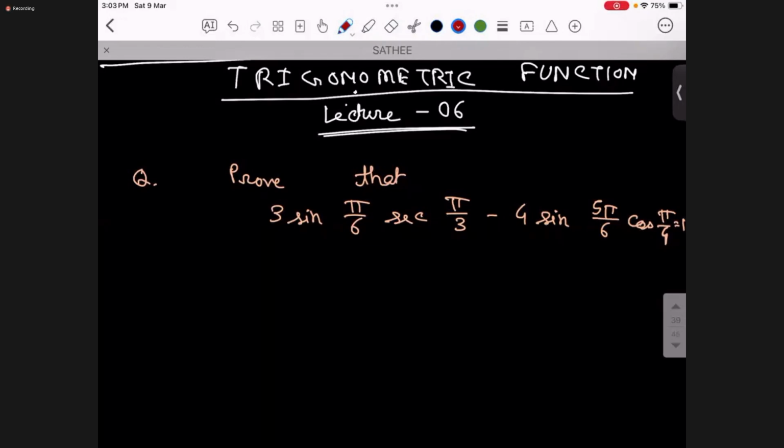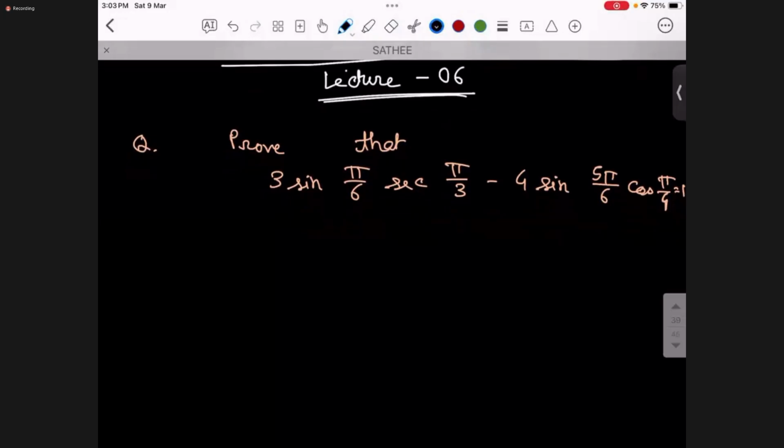Now, here we can see that we almost know all the trigonometric functional values at these given angles. So if we just apply those values, we can get the answer.